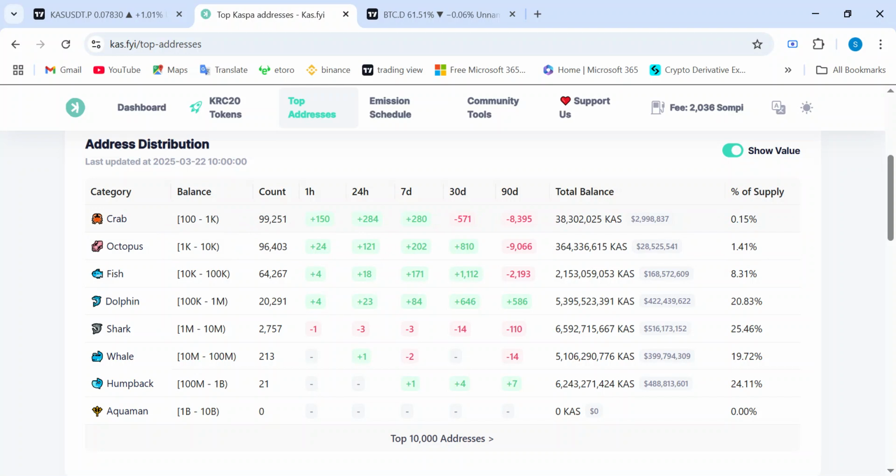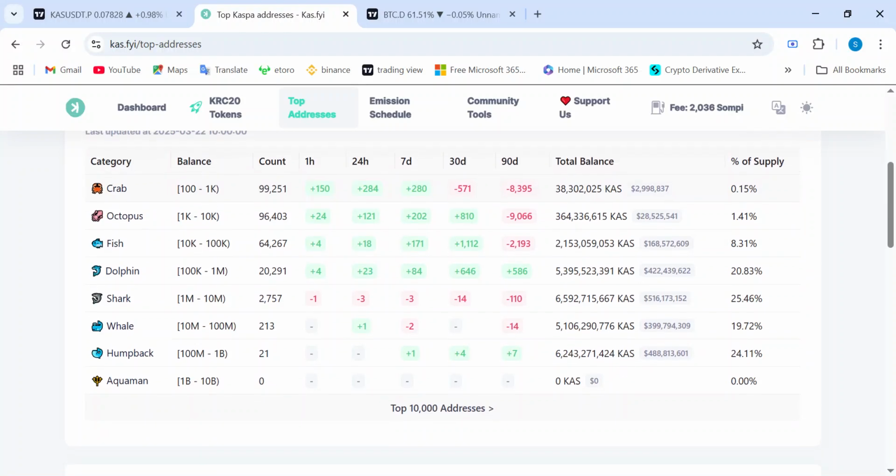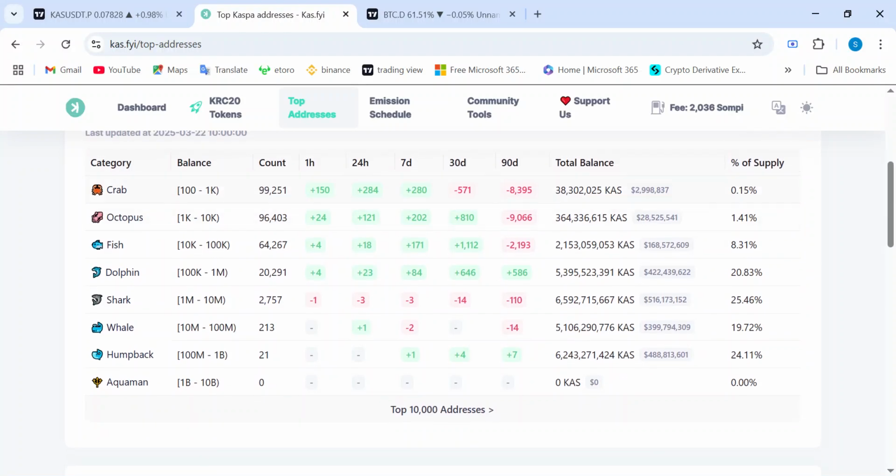Look at this one. In the past 24 hours, in the past 7 days. Yes, in the past 30 days, we lost some crabs, because crabs, the smallest holders, are usually the first to panic, because people with the smallest amount of KASPA will either not be convinced enough to buy more, or they will be scared to sell quick before there's any damage.